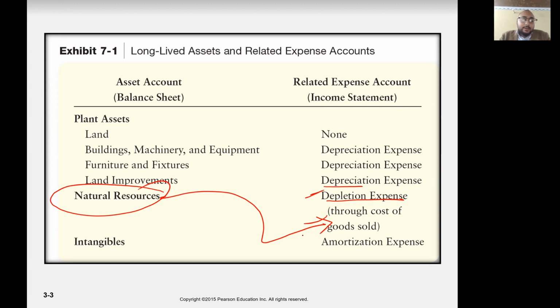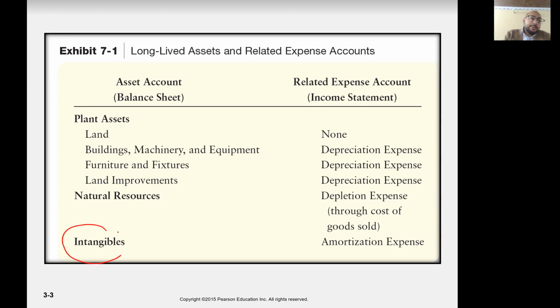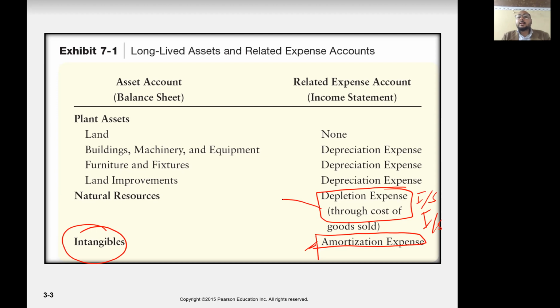The decrease in the value of intangible assets, for example patents and trademarks, we call amortization. The treatment is the same. These are expenses that go to the income statement, but the name is a little different. One more difference is that depletion is used in the income statement under cost of goods sold.